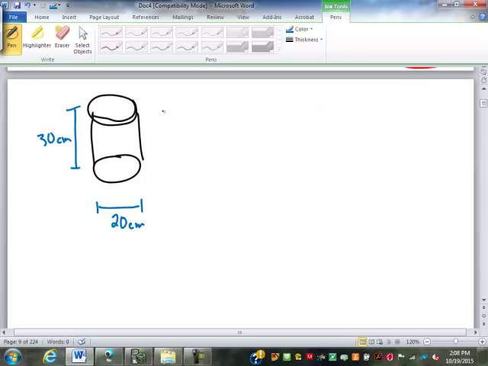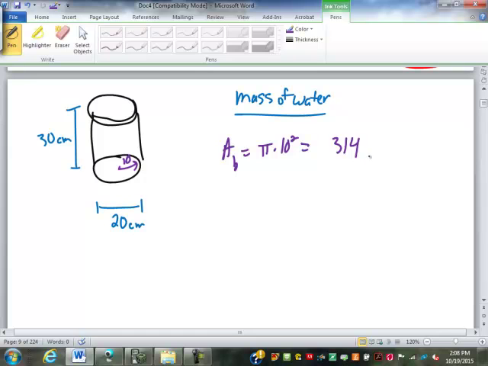Tell me, if this is full of water, what is the mass of the water that would fill that up? Well, this is a radius of 10 centimeters, right? So the area of the base is pi times 10 squared, which is about 314, correct? So that gives us a volume then of 314 times 30 centimeters of height, which is about 9,420 cubic centimeters, correct?